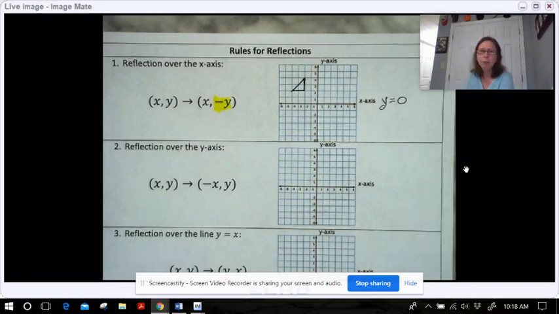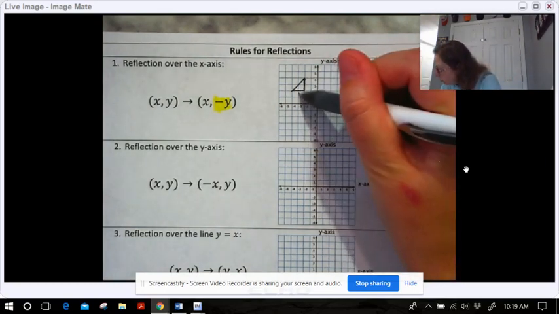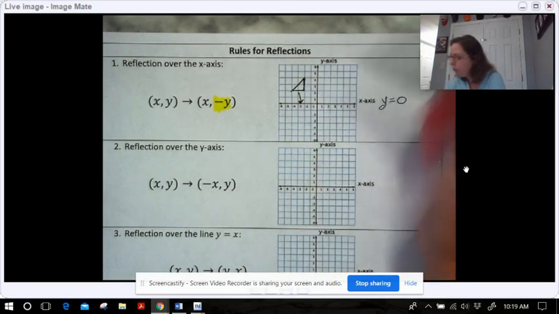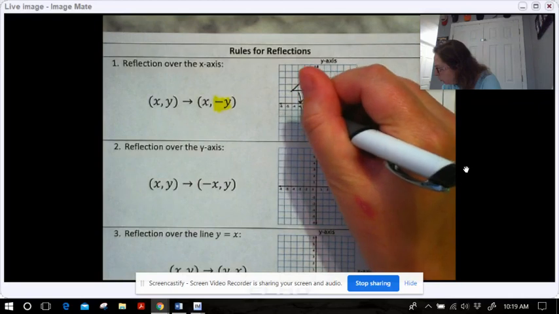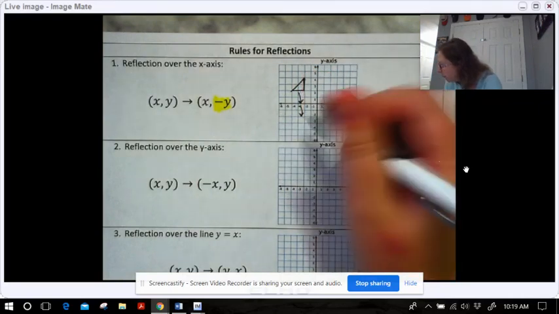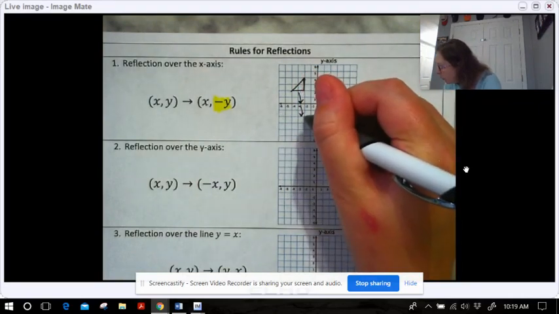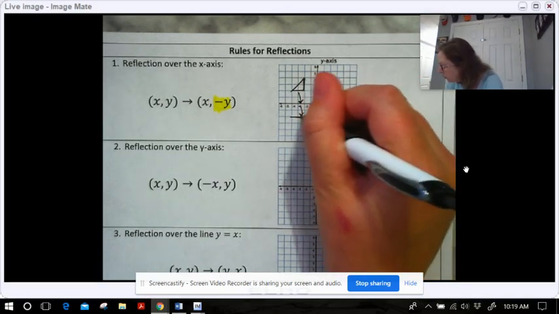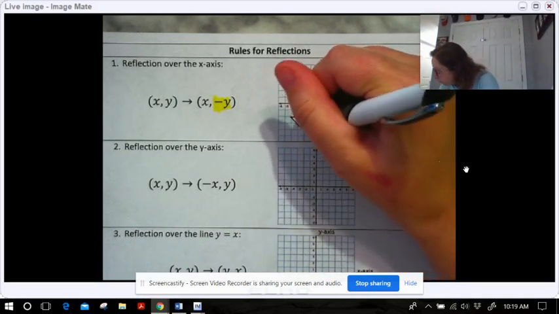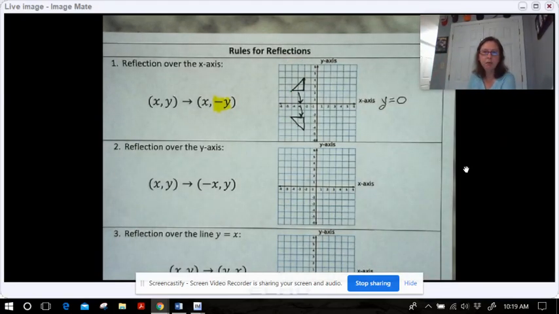Okay, and I am going to reflect it over the x-axis. So what I need to do is, it is 2 spaces to get to the x-axis. And then I will go down 2 more spaces. And then I will create the reflection. Okay, notice how it got flipped upside down.